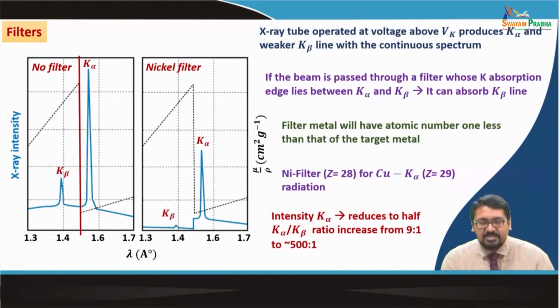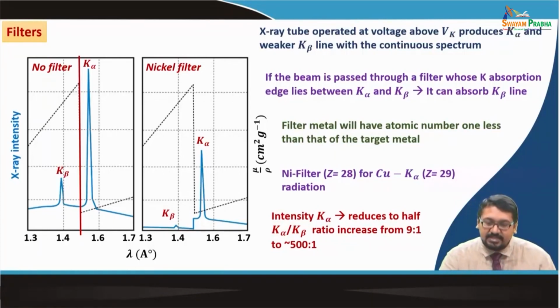Now, the intensity ratio of K alpha to K beta is in the range of 500:1 after the filtration takes place, and before the filtration it is in a range of 9:1.